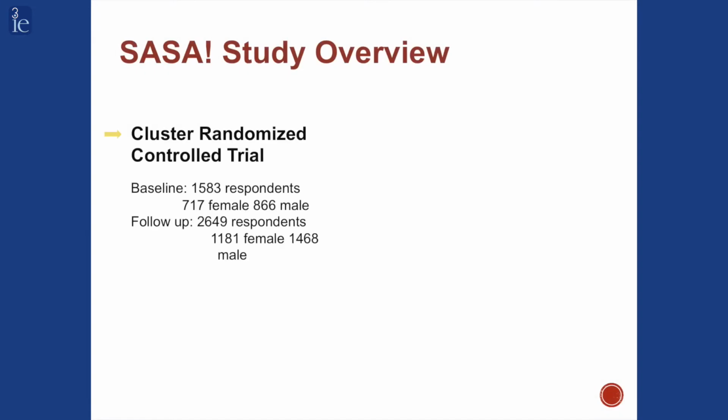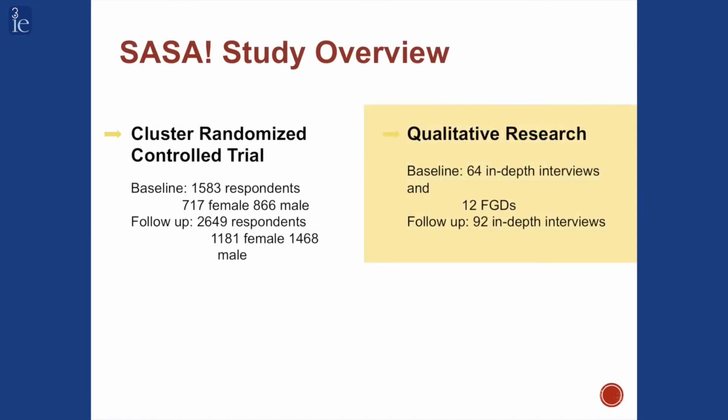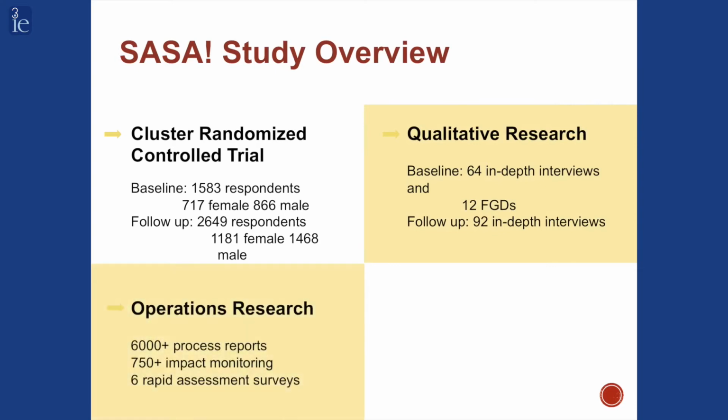The study had a randomized controlled trial involving thousands of male and female respondents. It had a complementary qualitative component, operations research, and an economic evaluation. I'm not going to go through the methods by any means, but to give you a snapshot, it was an underpowered cluster randomized controlled trial.